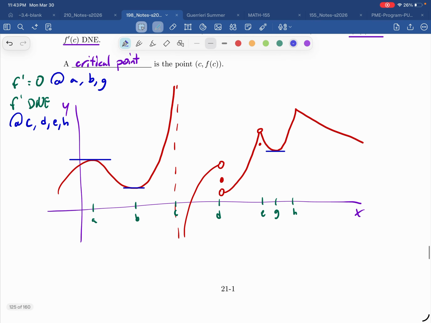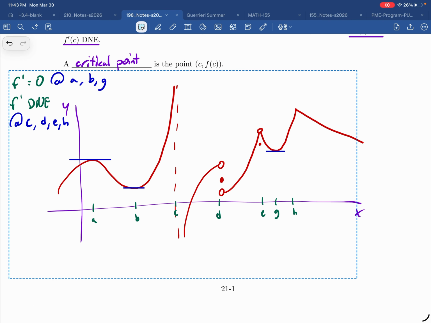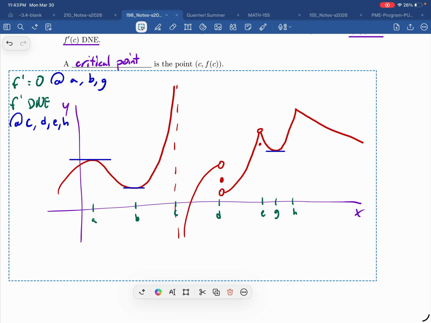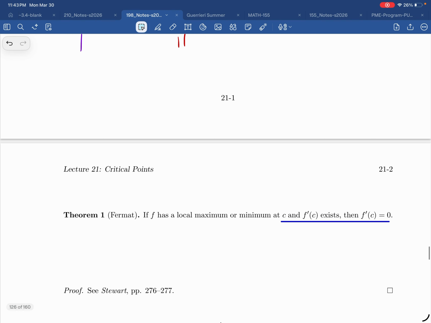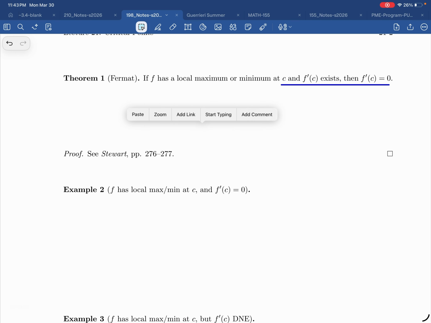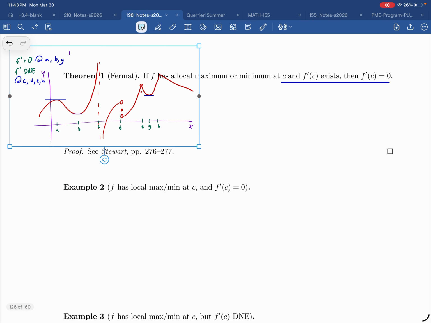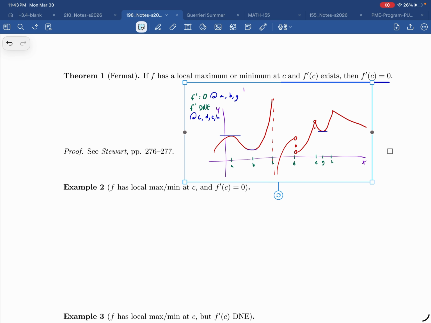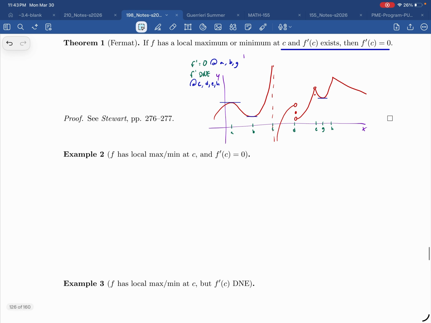So this tracks. Let's shrink this guy down. Stick it right there. All right. And anyway, there's a proof of this in another textbook. If you're interested, I'll print it out for you.